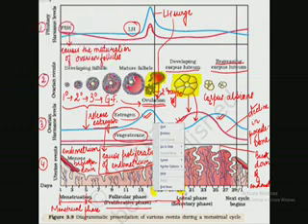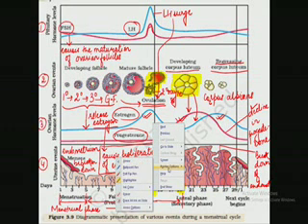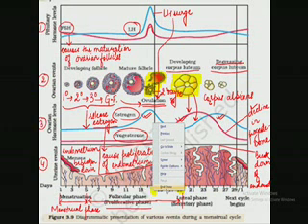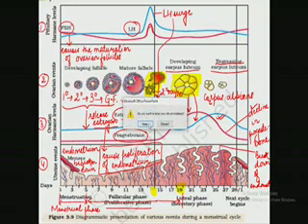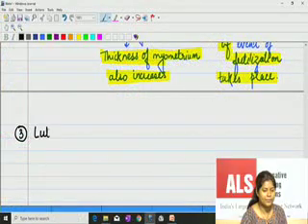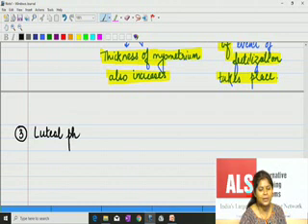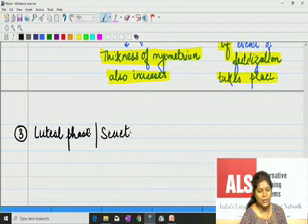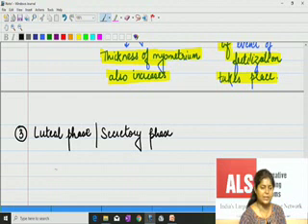Let's move ahead. So the next stage will be what? From the name of the luteum, we will take it to be the luteal phase. Since it secretes certain hormones, it is also called the secretory phase.